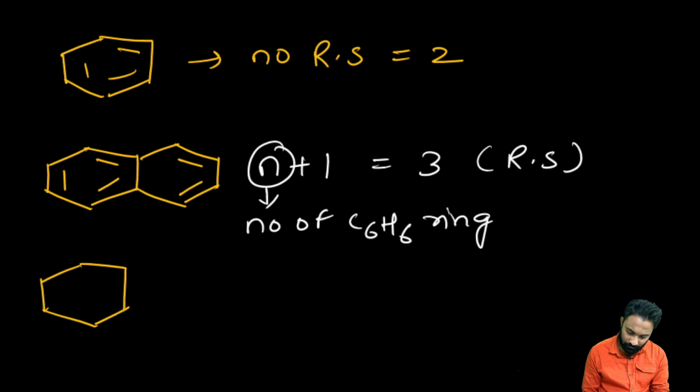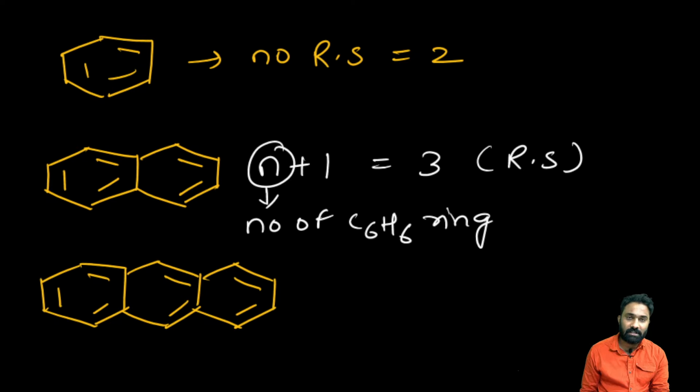Next, if they have given anthracene. Now for this anthracene, how many resonating structures are possible? If anyone is in the live, can anyone say the answer for this one?